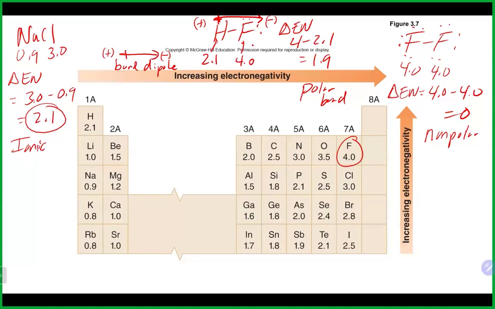So I wouldn't worry about electronegativity for ionic, but it definitely can help you for polar or nonpolar. Any questions on how to do that?